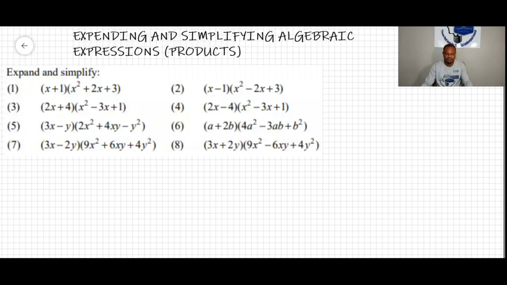This is another section on expanding and simplifying algebraic products or algebraic expressions.